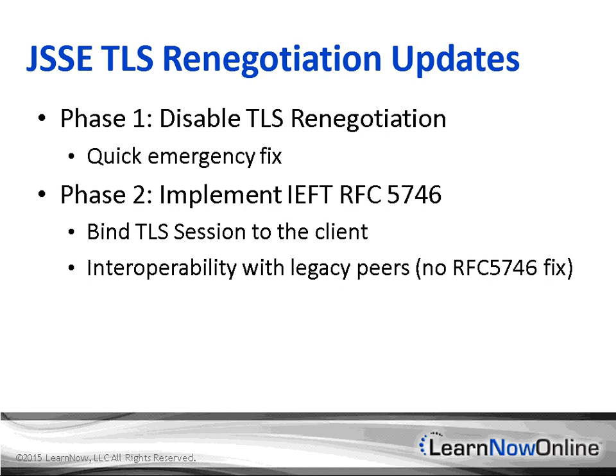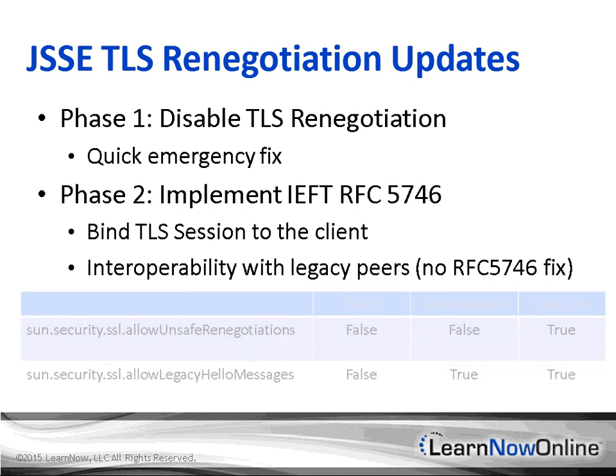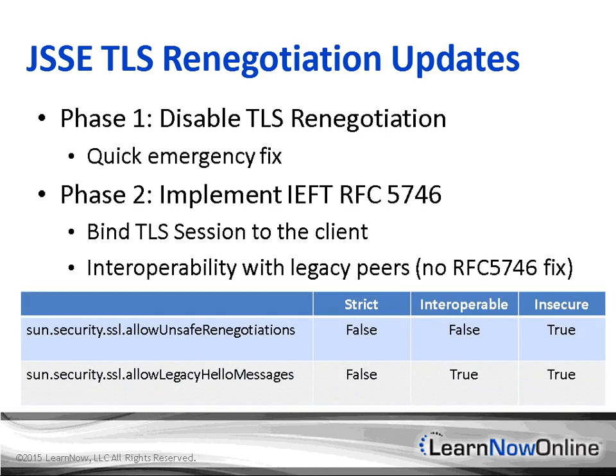Since it would take time for all systems on the Internet to implement RFC 5746, the Sun JSSE provider was updated to allow 3 different modes, each specifying a different way to handle negotiations with a peer that has not implemented the IETF fix. Strict mode says both client and server must be upgraded to use IETF messages, or the handshake will fail and the connection will be terminated.